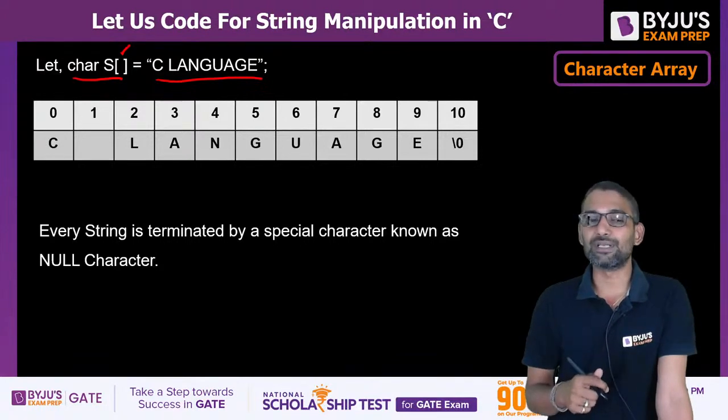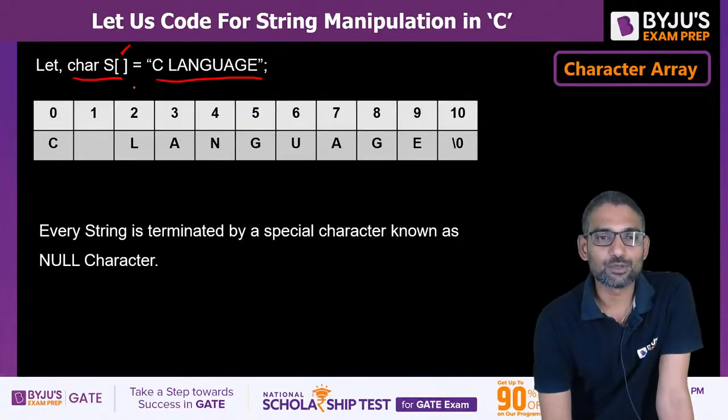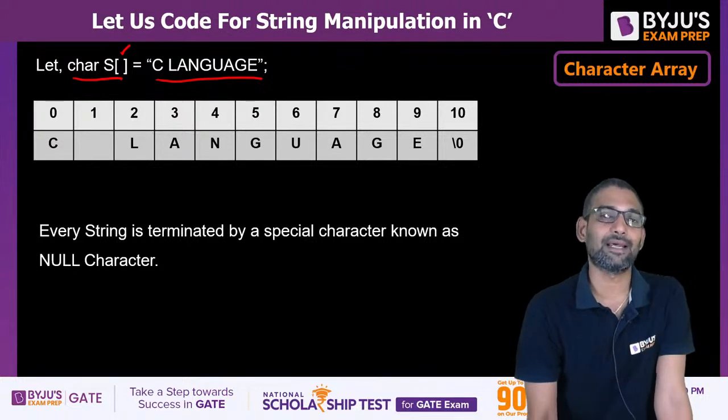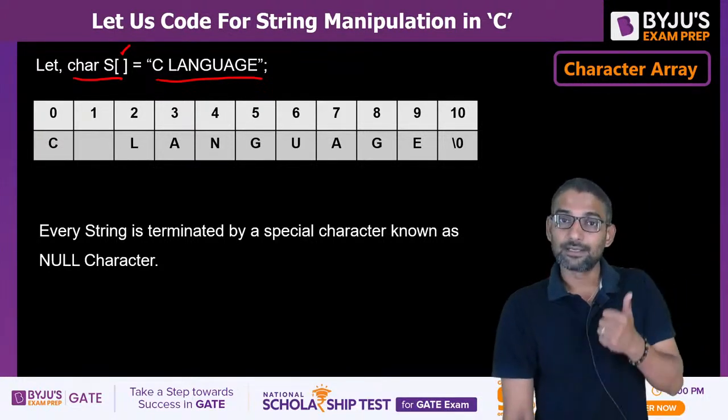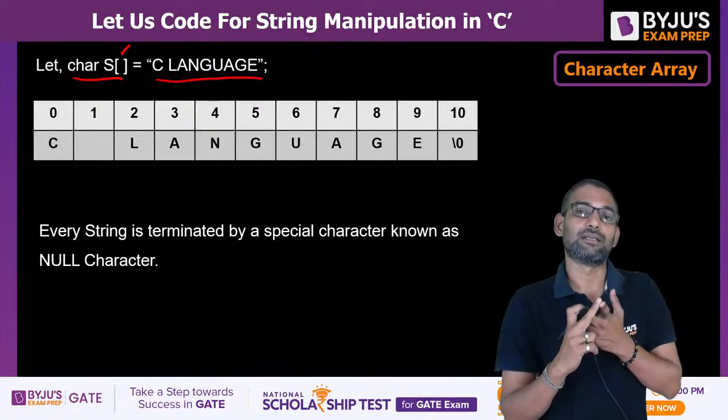But for strings, there is a special feature that here actually I have given 10 characters. How many values I have given? 10 values. C space. Space is also considered as character here. Okay.